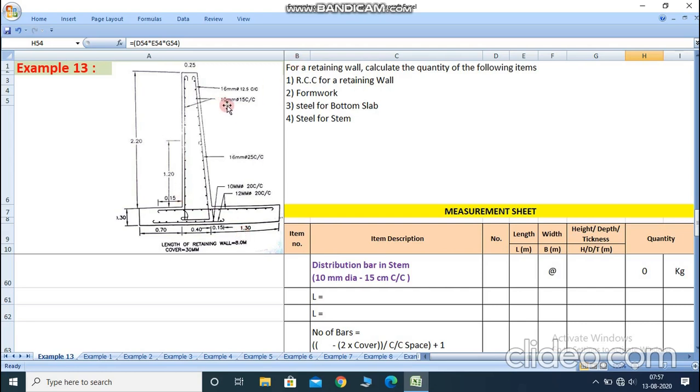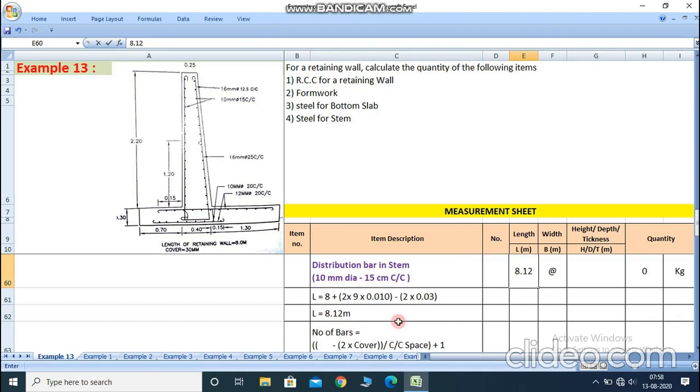So the total length of the bar is the 8 meter length of the retaining wall, plus 2 times 9 into d, since the hook is provided on both sides at the start and end, where the diameter is 0.010, minus 2 times 0.03 for the cover on both sides. So the total length of the 10 mm distribution bar is 8.12 meter.